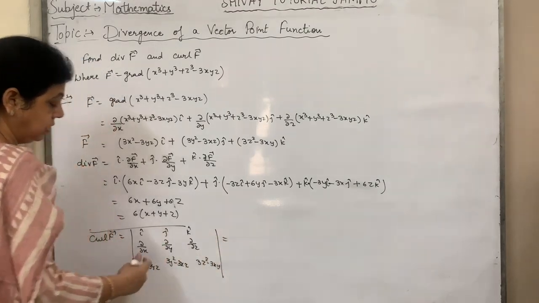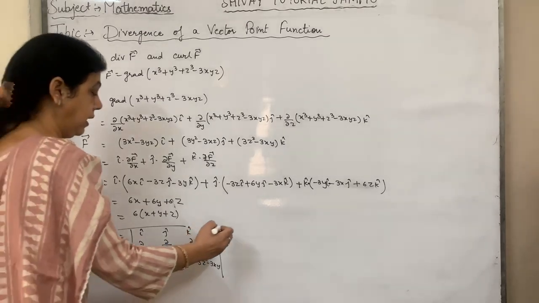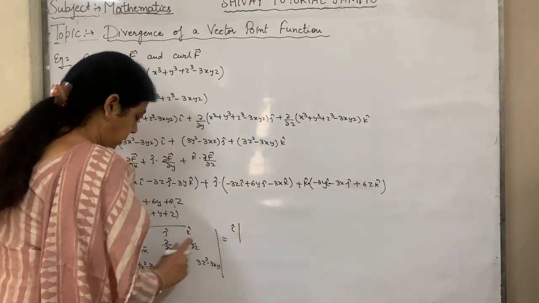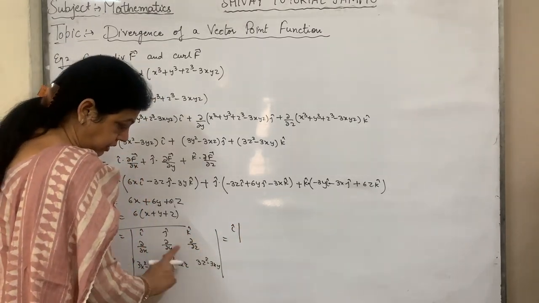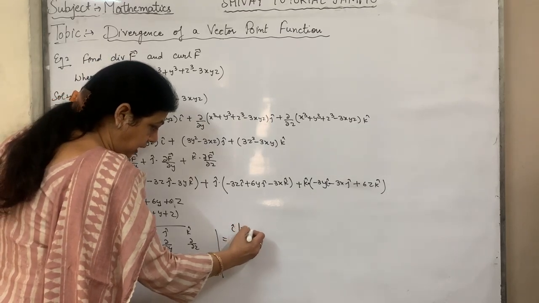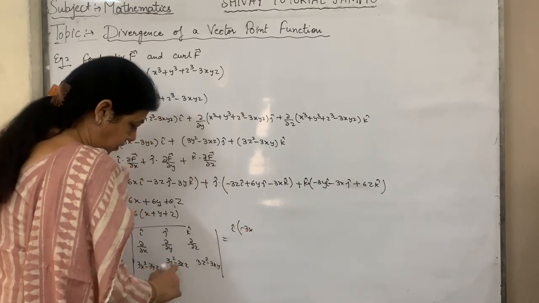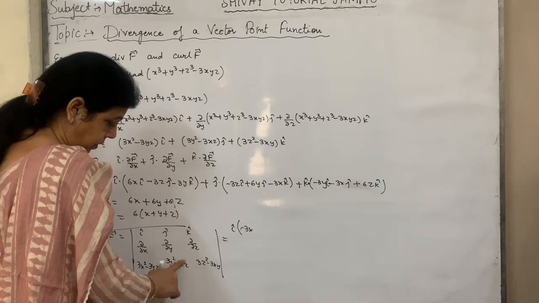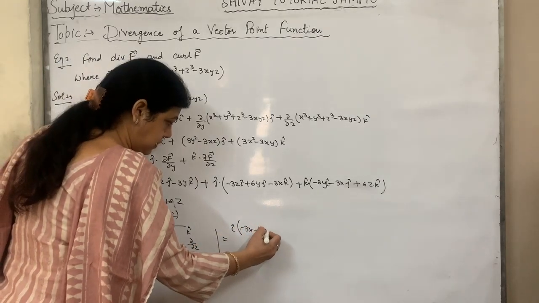We will solve this differentiation. With i, with y differentiation, it will become minus 3x. And now this with z, minus minus plus 3x.